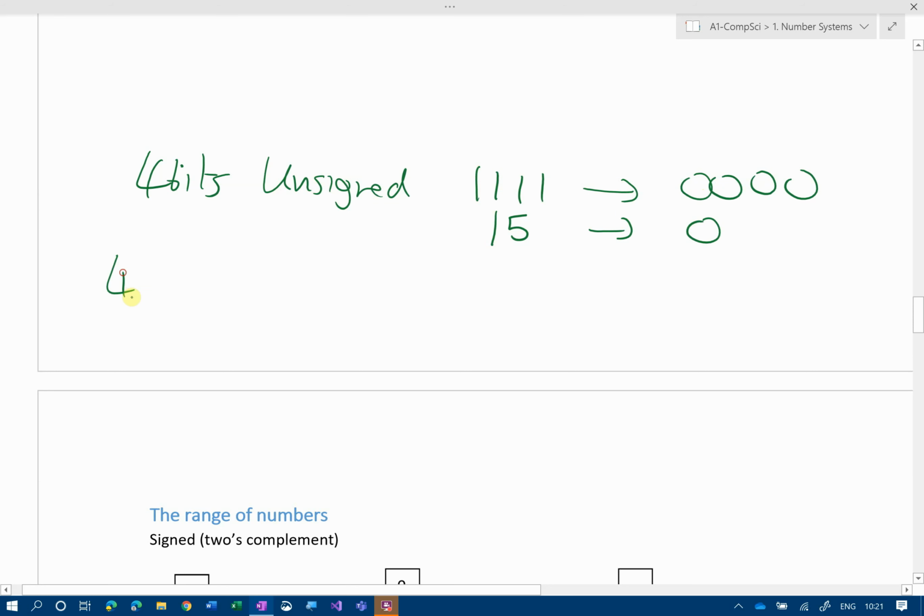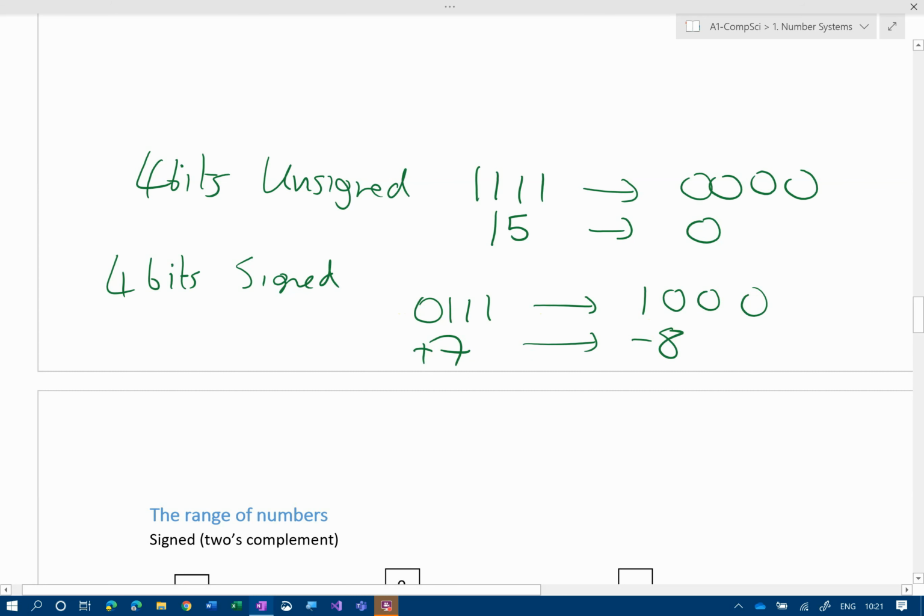Now, if it's 4 bits signed, now my range is no longer that. So remember, I can go from plus, now it must begin with a 0 to be positive, to that. All right, so that is +7, and it goes all the way to -8.